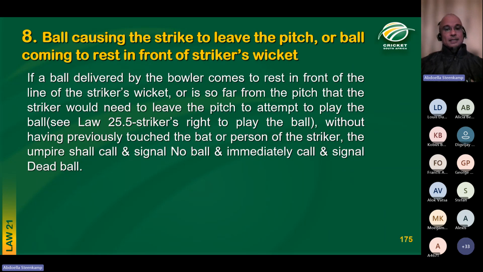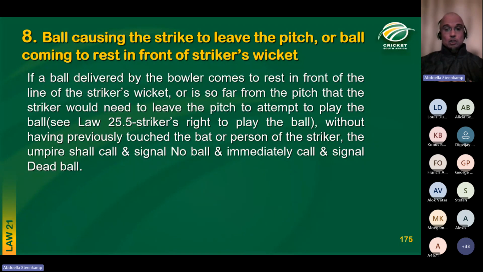Let's say you visualize this: the bowler bowls the ball almost on his or her toes and it rolls towards the striker and stops before the striker's wicket. If that is the case, either umpire needs to call and signal no ball, and immediately after that, call and signal dead ball.